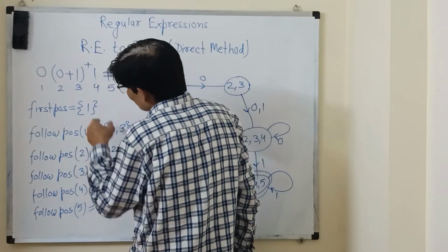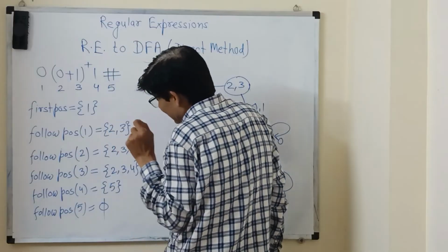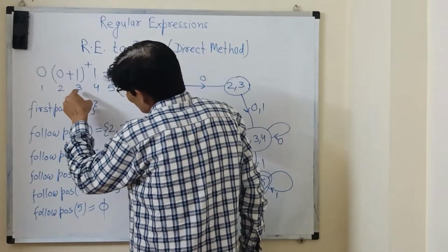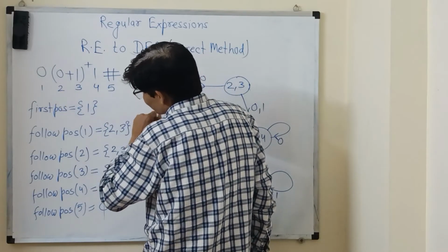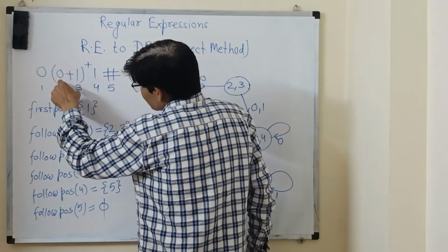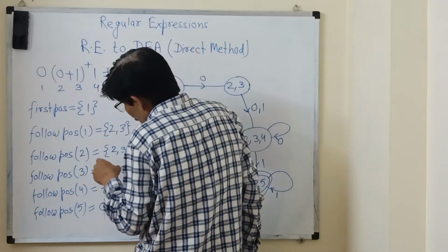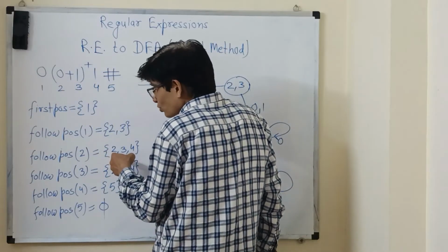In the follow pos of 2, that positive closure of 0 and 1 can generate 0, 0, 0, 0 also. So if 0, 0 is there, both 0s will be assigned as 2, so 2 will be following 2.